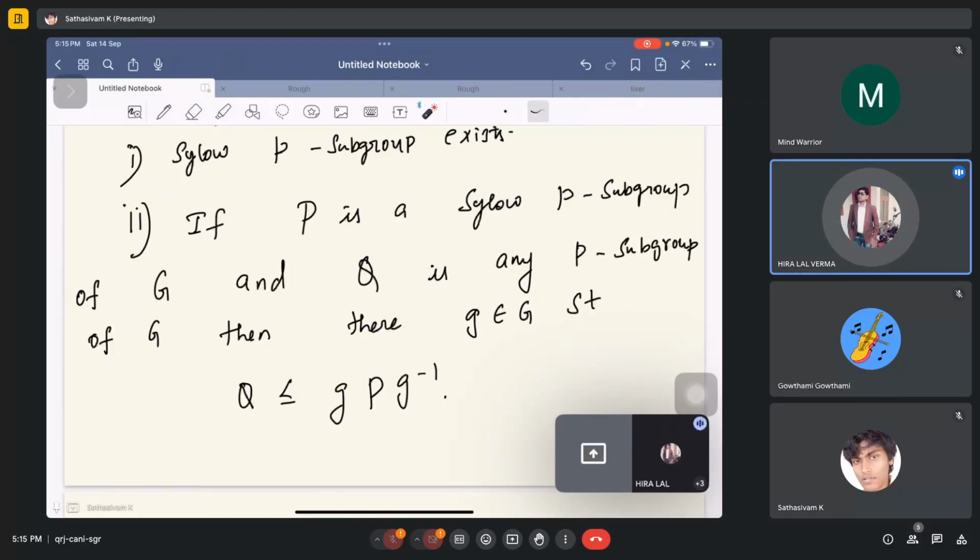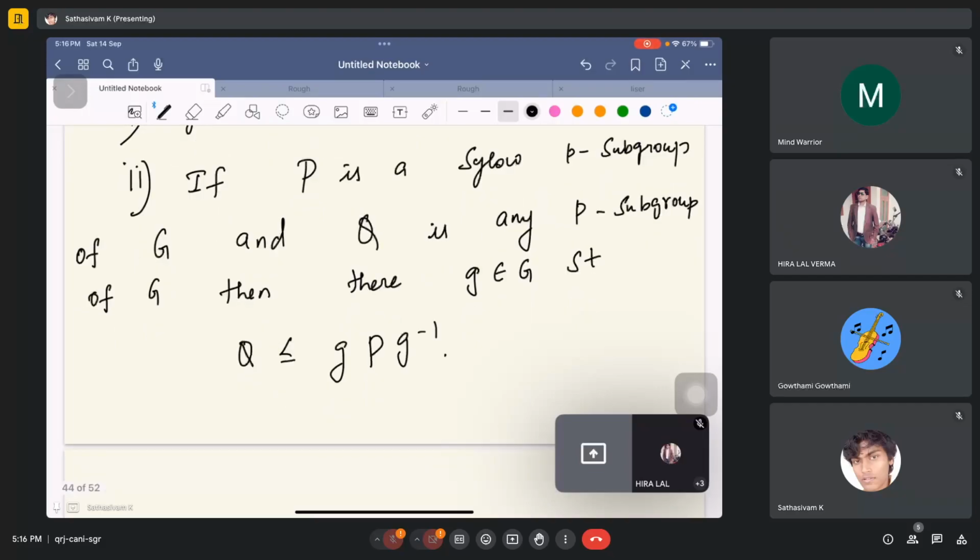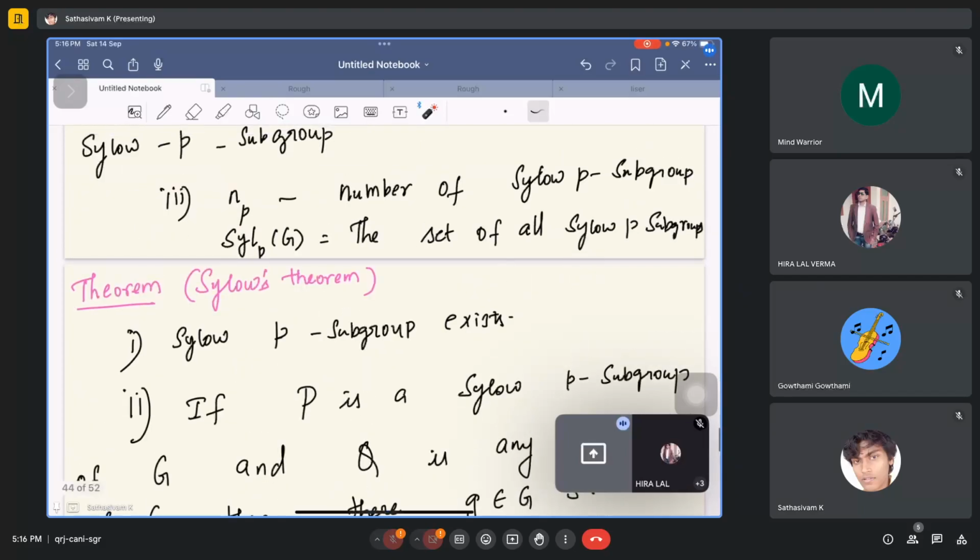Q is any p-subgroup, the same p. Both are the same prime. So it only deals with one standard prime. Basically, you fix the prime, and then the theorem states for that prime.